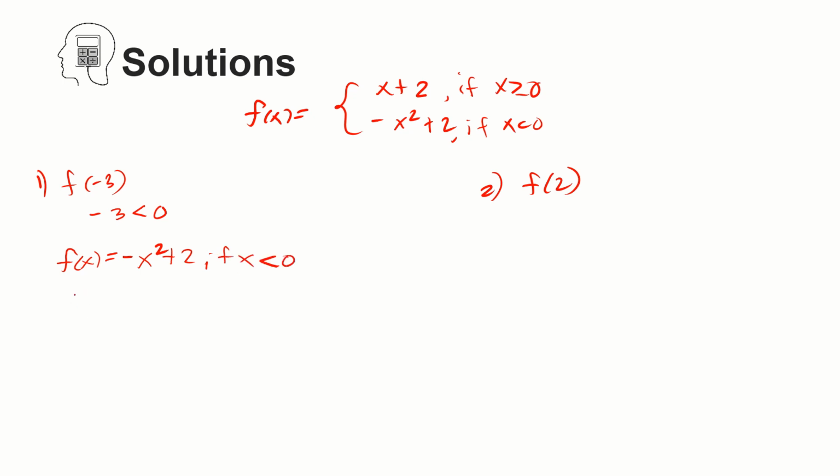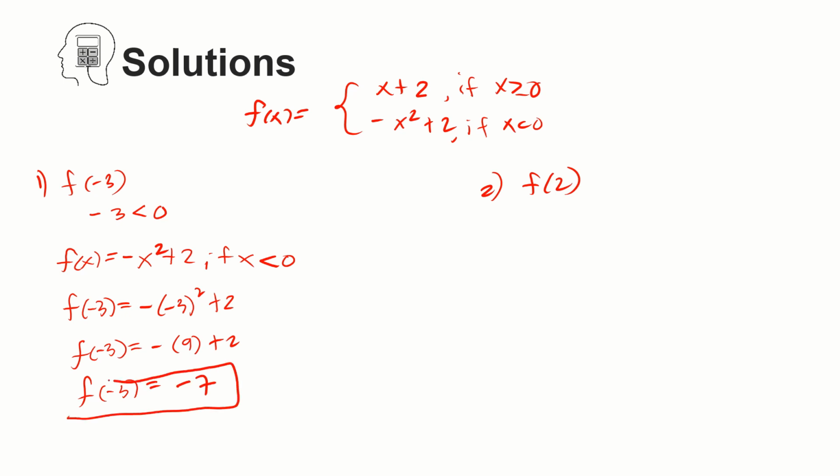So substituting, f of negative 3 is equal to negative times negative 3 squared plus 2. So f of negative 3 is equal to negative times 9 plus 2. So negative 9 plus 2 is equal to negative 7. So f of negative 3 will give us negative 7.